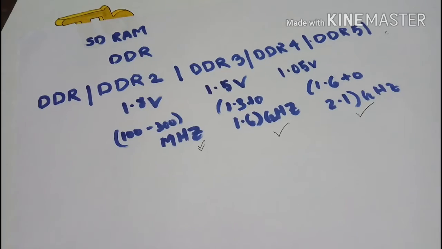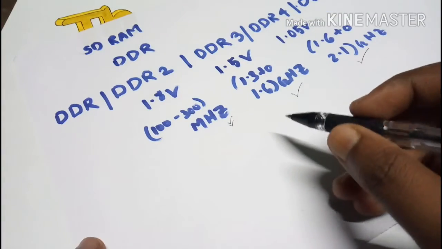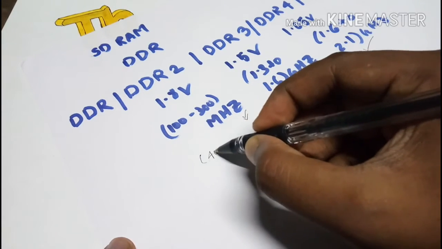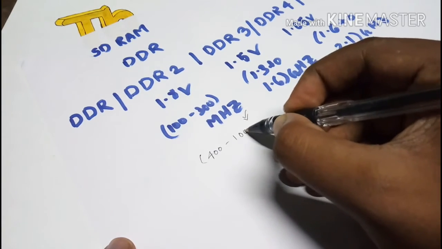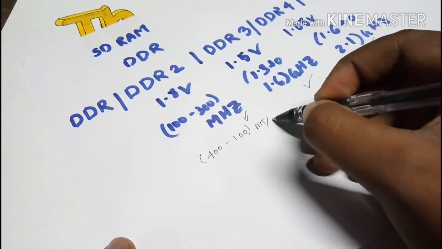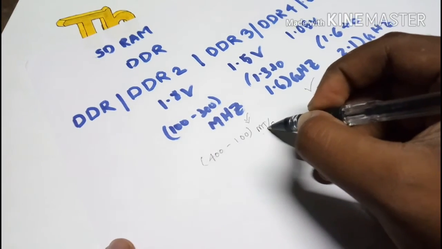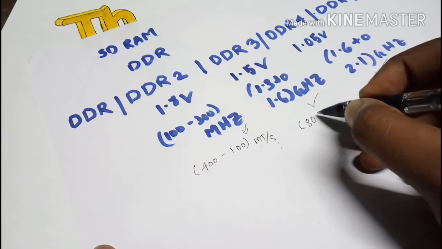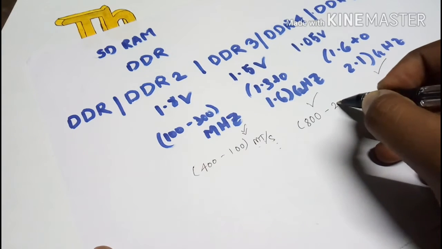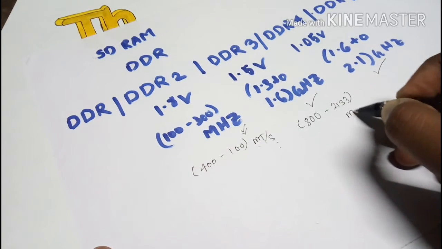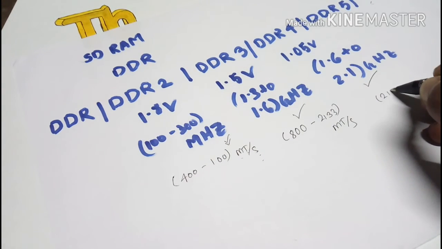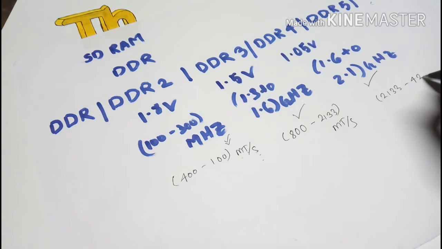Now another thing is the transfer rate. Generally the transfer rate of DDR2 is somewhere around 400 to 1000 MTS, where MTS stands for million transfers per second, and for DDR3 RAM it's somewhere around 800 to 2133 MTS, and for DDR4 it's around 2133 to 4266 MTS.